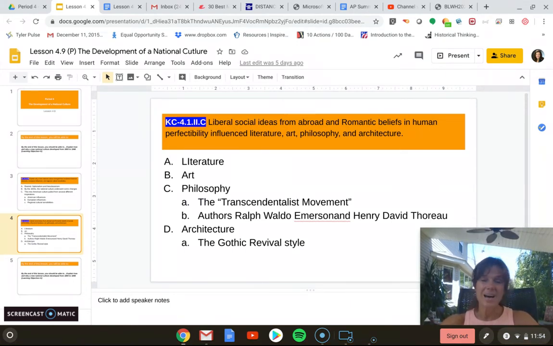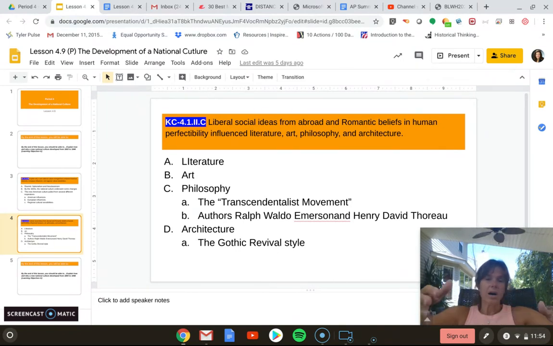And last but not least, in terms of architecture, we move away from neoclassical and we move into what is known as the Gothic revival style. If you can imagine Romanticism in architecture, that's what it is. It takes its inspiration from the Gothic cathedrals of Europe. The Gothic revival style is very, very ornate.